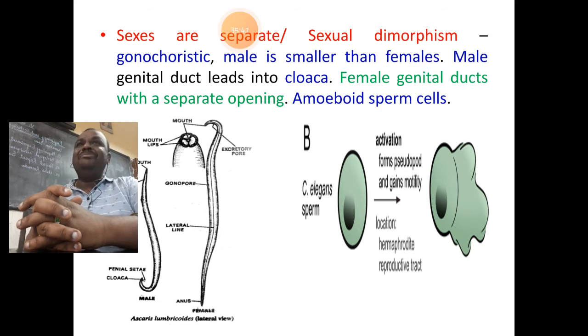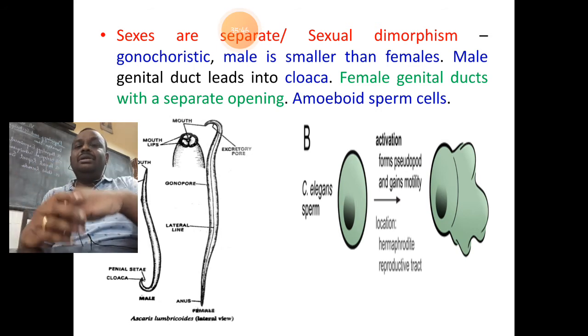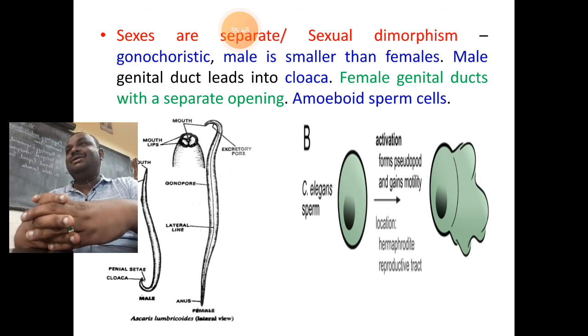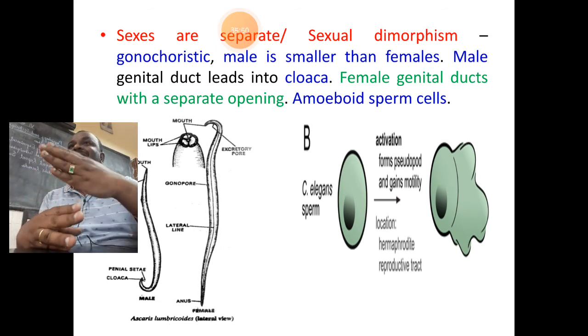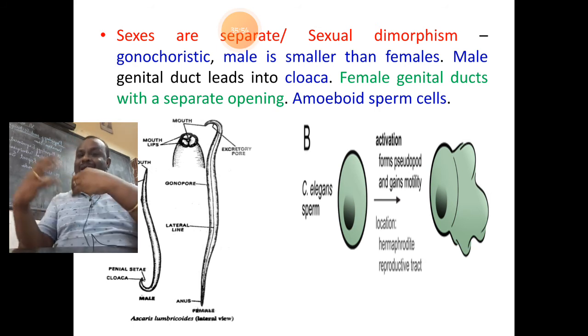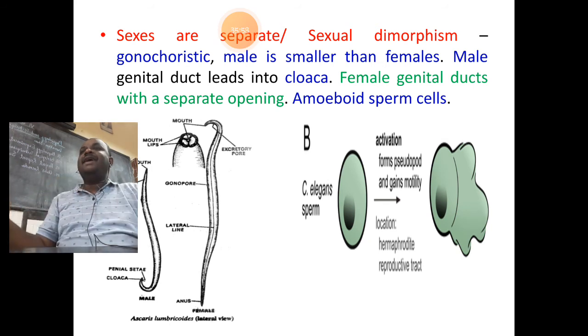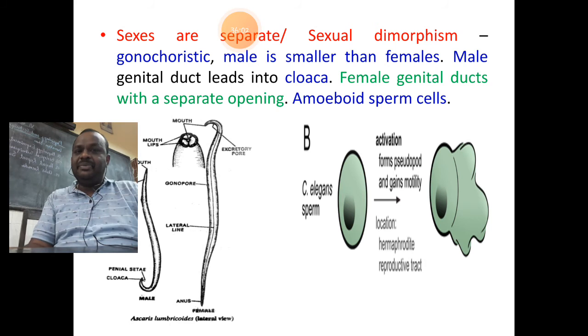For the first time in the animal kingdom, in nematodes we find the separation between male and female organisms. When we look at the organisms externally, you can easily differentiate them into male and female categories.